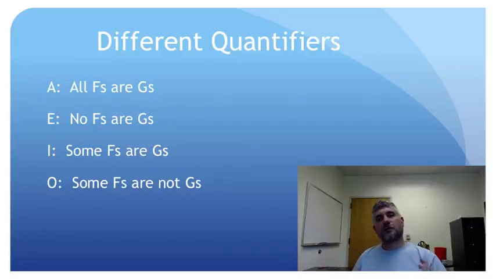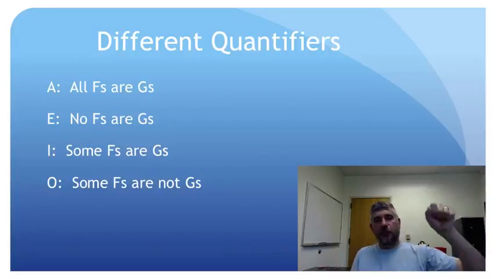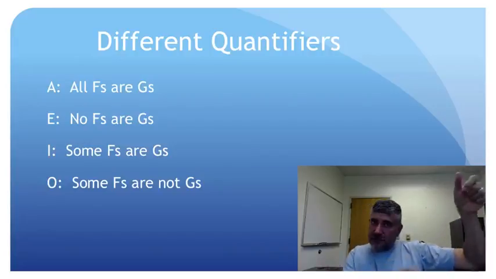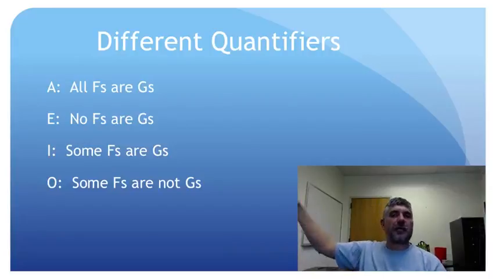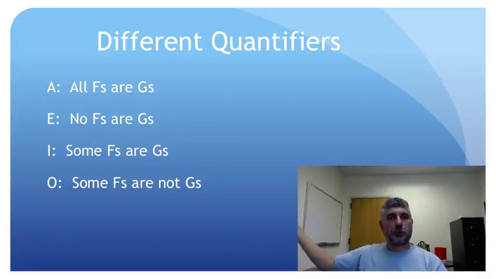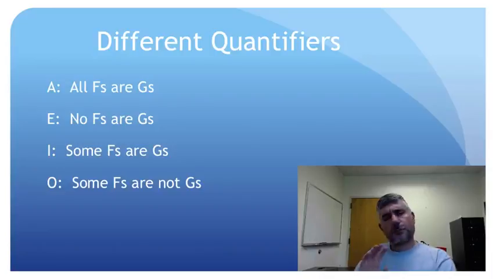Those are statements to the effect that some things falling into one category, the F's, also fall into a second category, the G's. Some F's are G's. Propositions of that form we'll call I propositions.